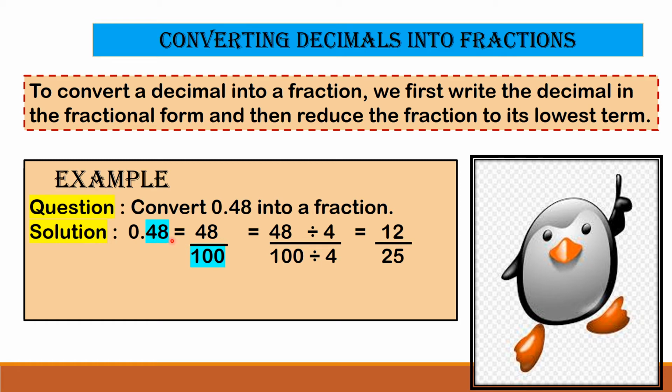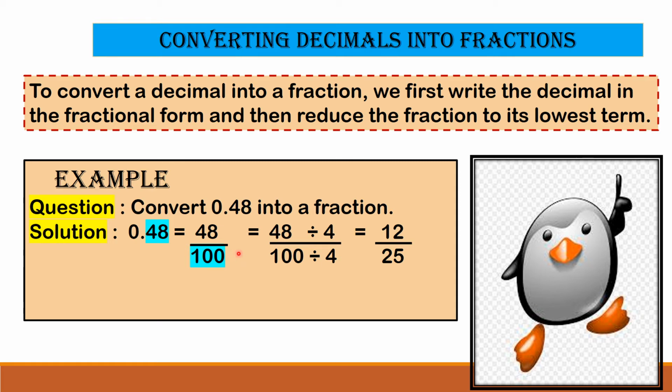Now you can reduce 48 by 100 to lowest terms. To change into lowest terms, you have to first find the highest common factor of the numerator and denominator. Here the numerator is 48 and the denominator is 100. So the HCF of 48 and 100 is 4. So you have to divide the numerator by 4 and the denominator by 4.